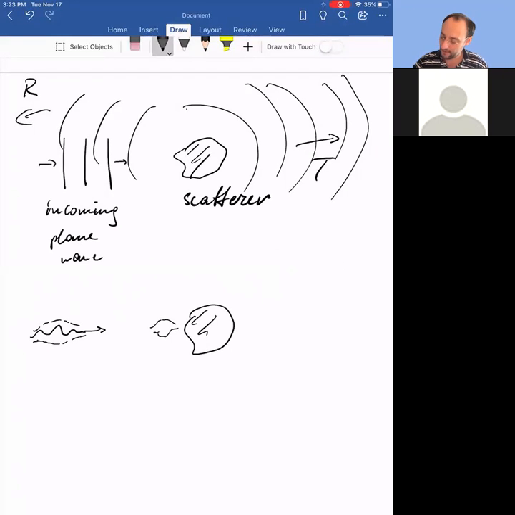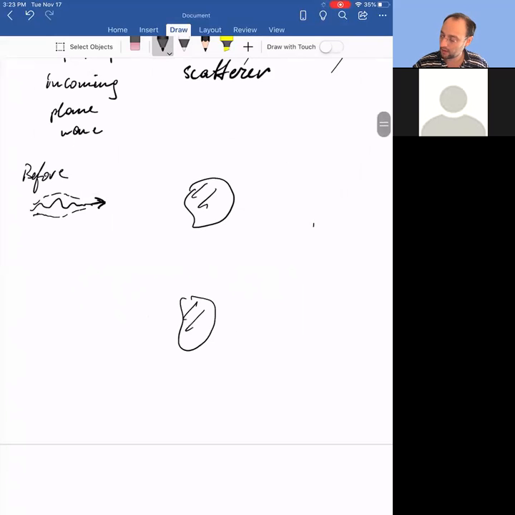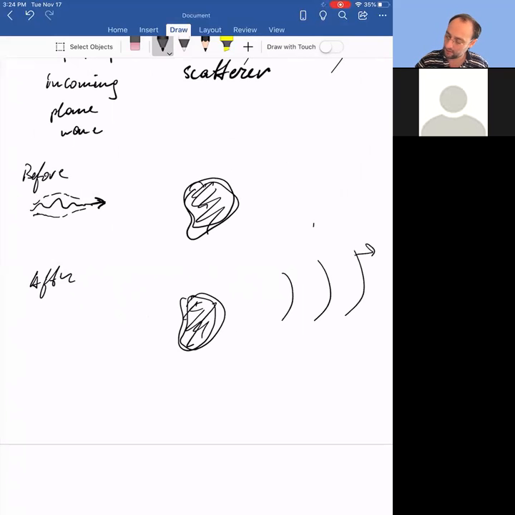So let's say that this is before, and it's impacting the scatterer, and then long after, what you would have is, this is after, this is supposed to be the same object. Long after, you have some kind of a result, okay?